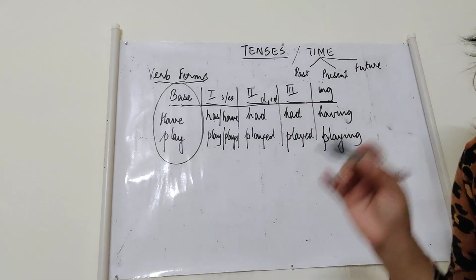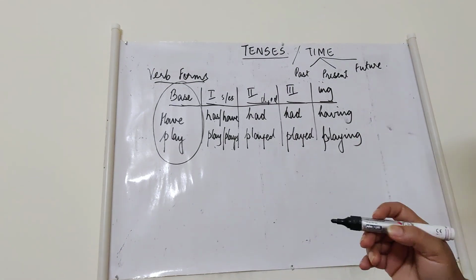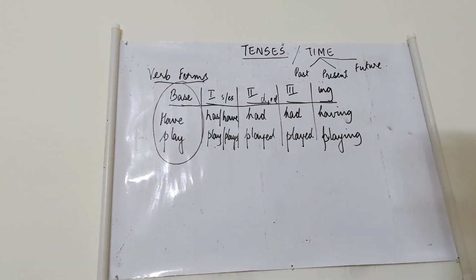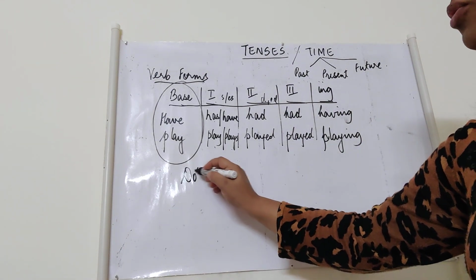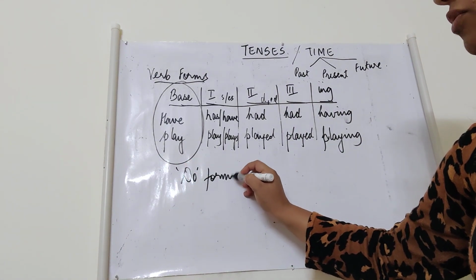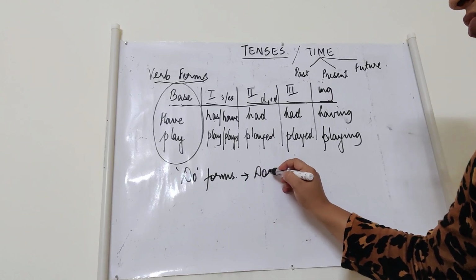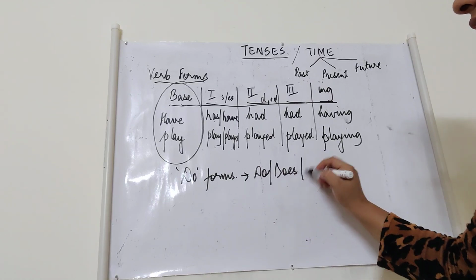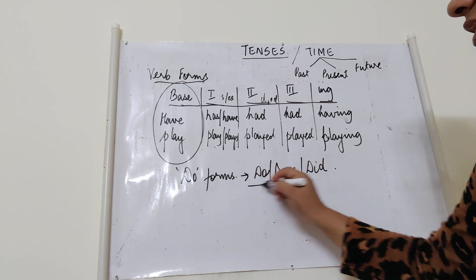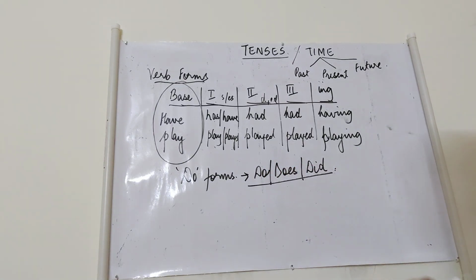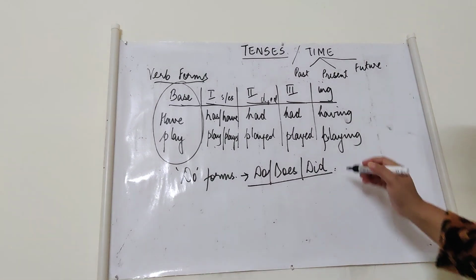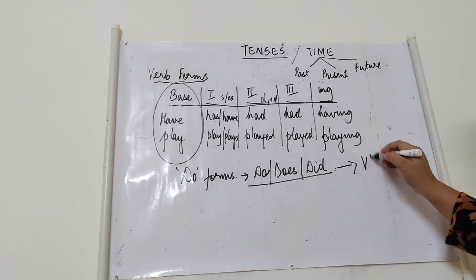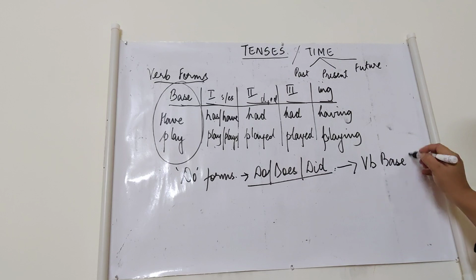Okay. Now, the importance of base form. Whenever, please listen to me very carefully, whenever in a sentence we use forms of do, what are the do forms? Do forms like do, does, did. Anywhere in the sentence these forms are used. Remember, children, the verb which follows the do verb forms will always be the base form of the verb.